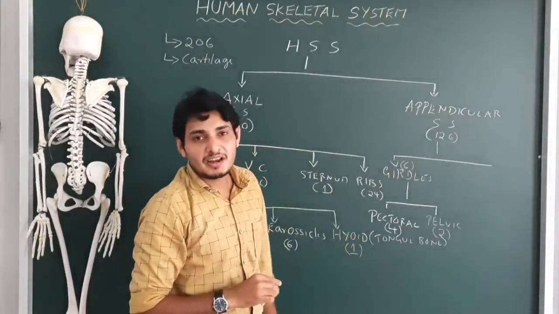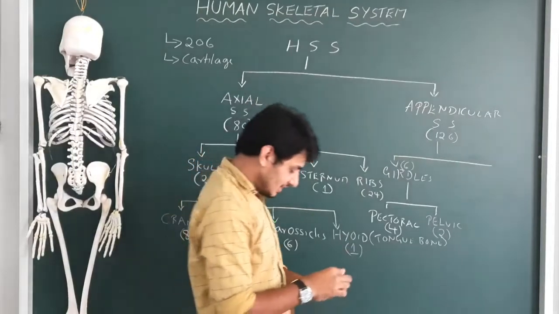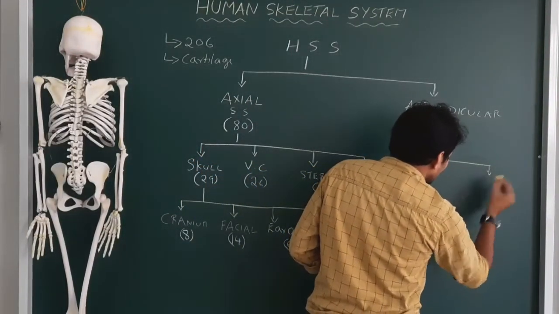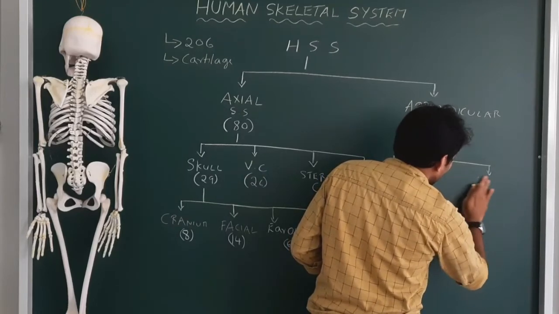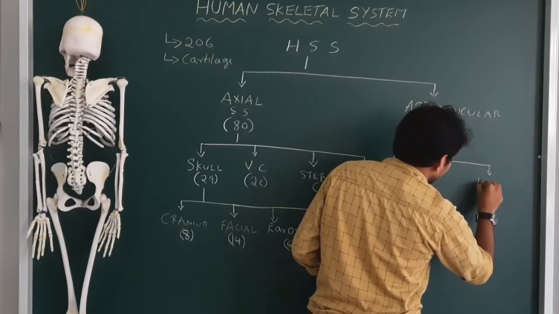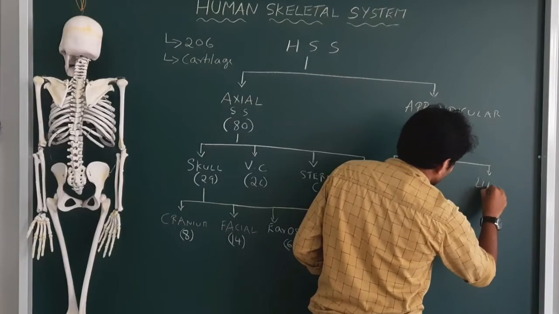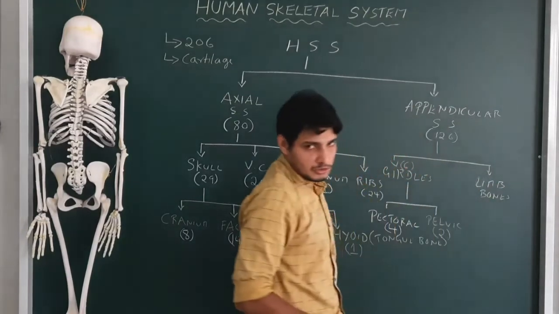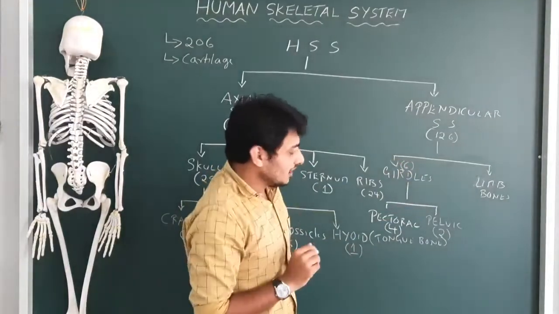Then the remaining 120 out of 126 is present within our arms and legs, so we write it as limb bones. How many limb bones are there?